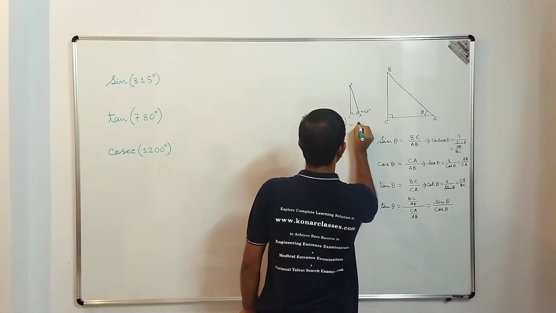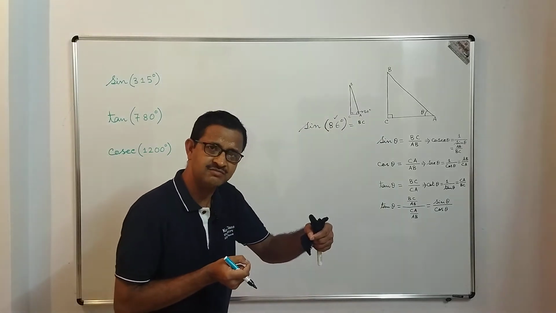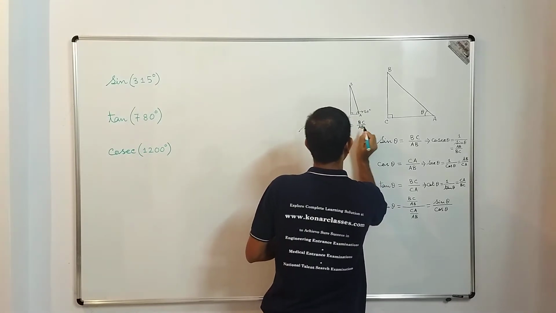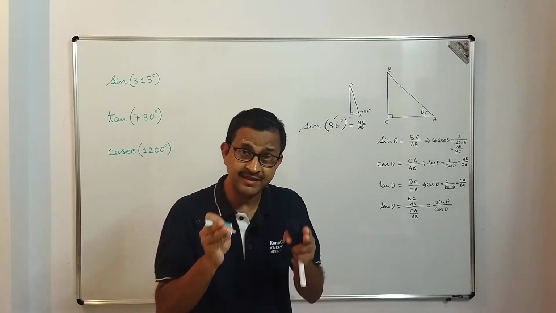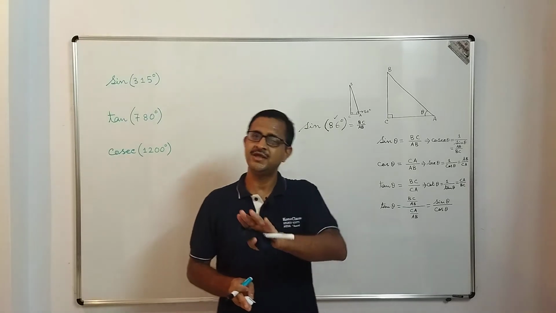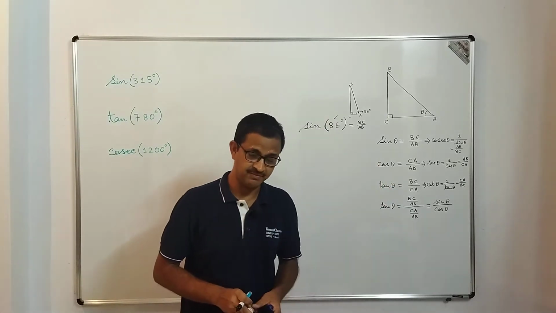You know the value of BC because you constructed that right angle triangle. So you can measure BC and then AB. You take BC by AB, and that is the value of sine 86 degree. So dear students, any angle which is less than or equal to 90 degree, you can find out by means of this principle.